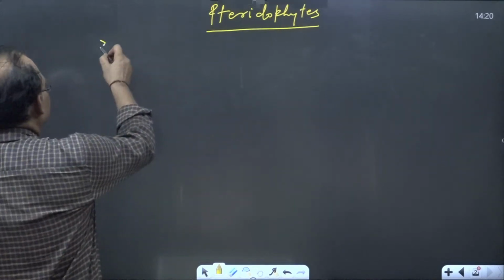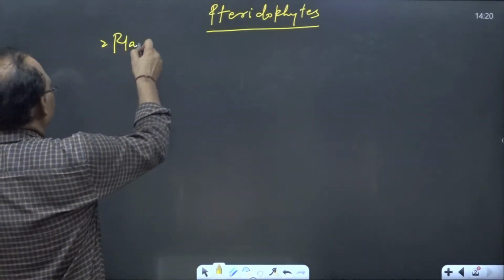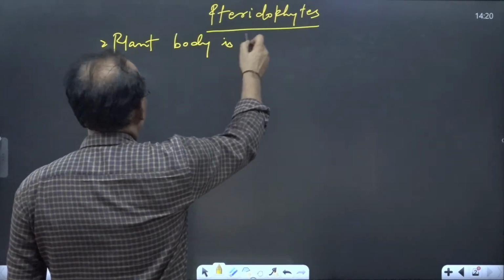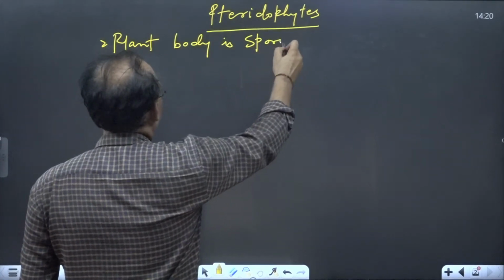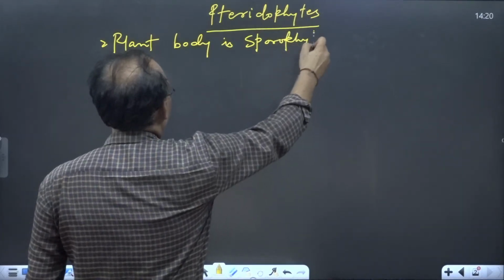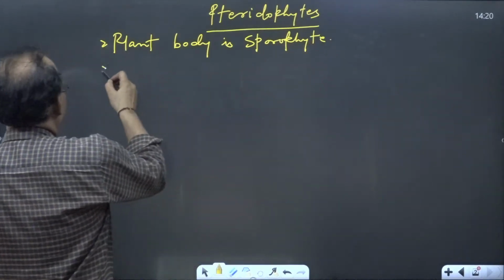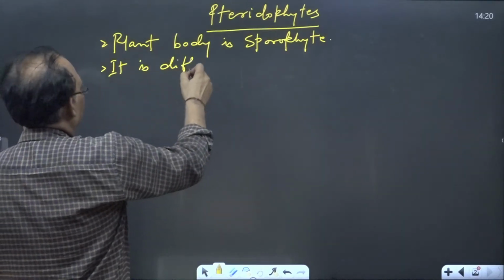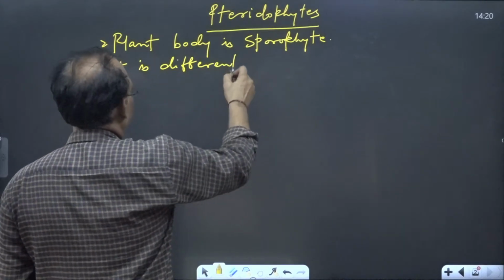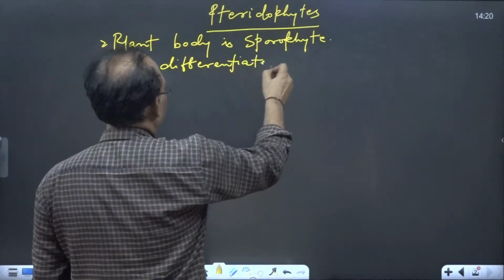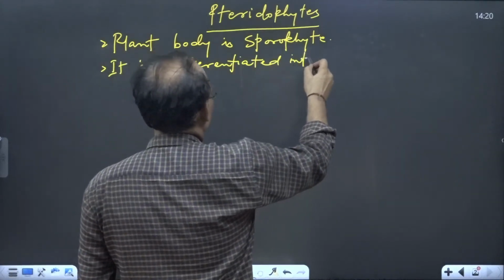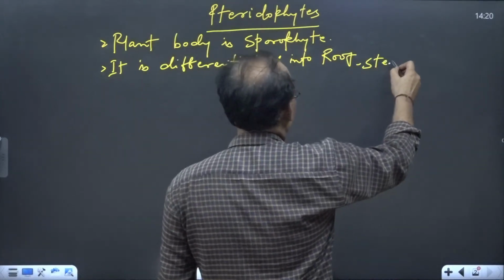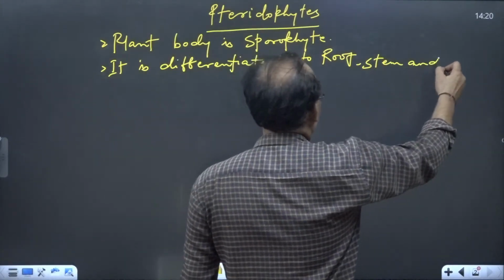The first feature is that the plant body is a sporophyte. It is differentiated into root, stem and leaf.